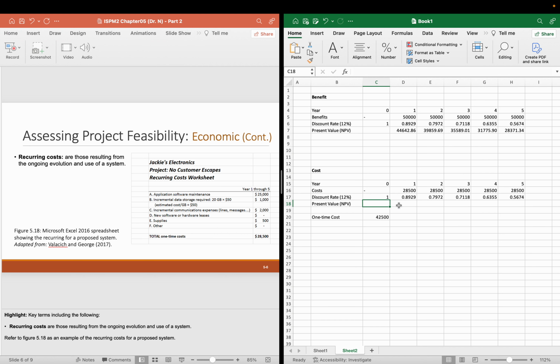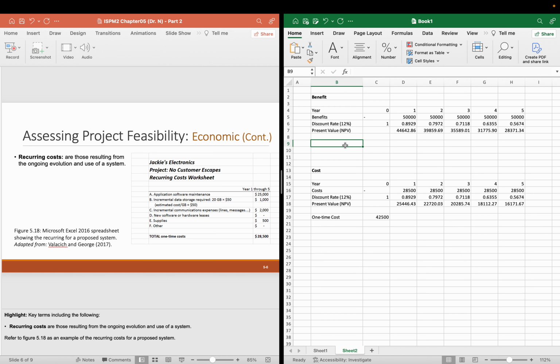So in order to calculate the net present value, we need to multiply the monetary value by the ratio that we got. So now we can extend that. Here we have the net present cost for any given period of time. And also now we took care of recurring benefits, recurring cost, and one-time cost.